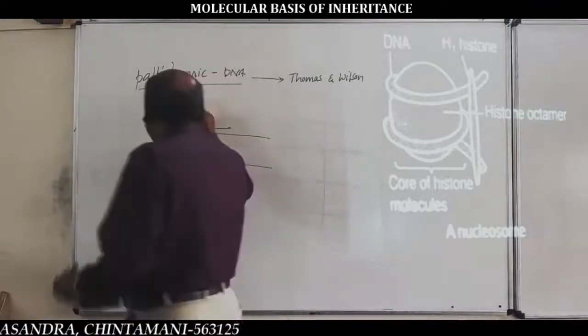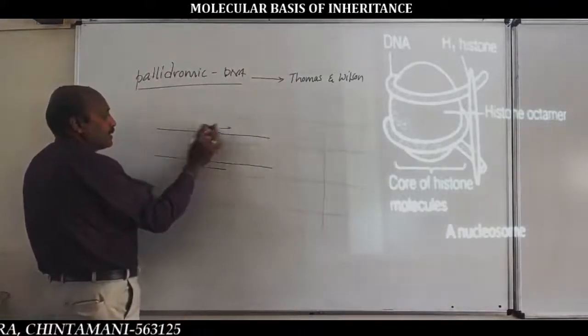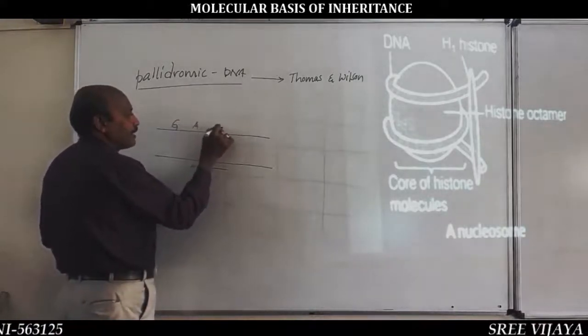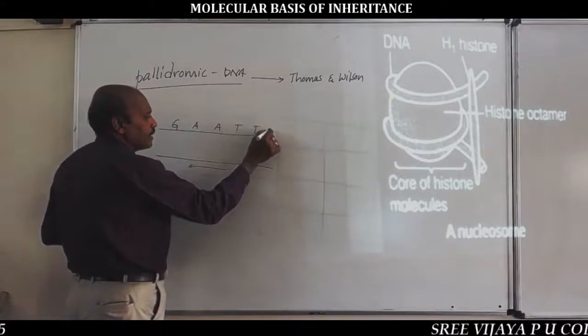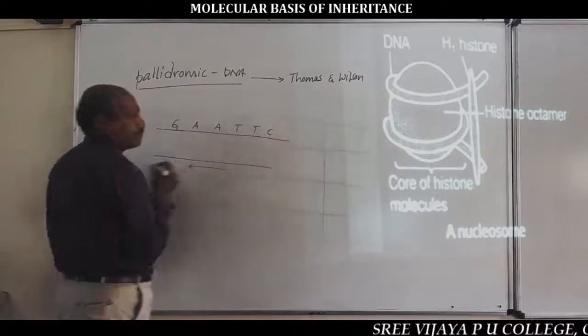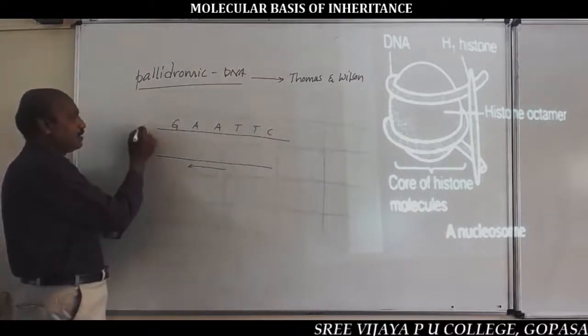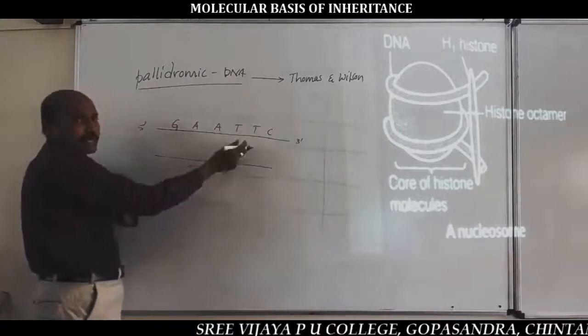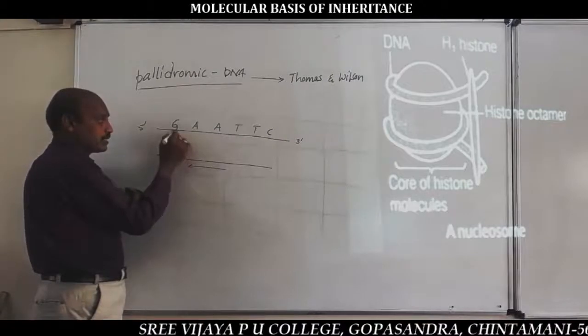DNA. One simple example for palindromic DNA is G A A T T C. In the 5' to 3' direction, these are the nitrogen bases, nucleotides.